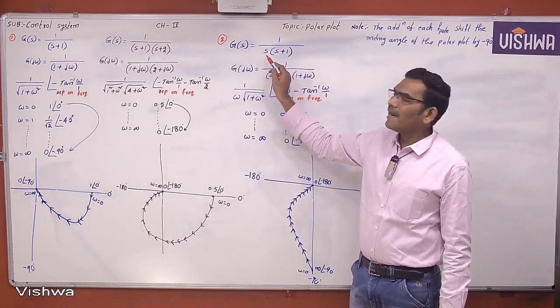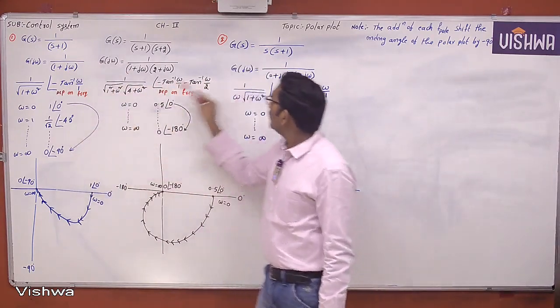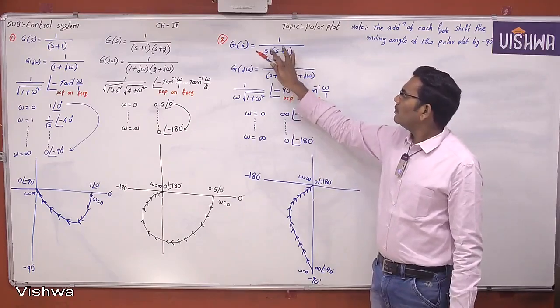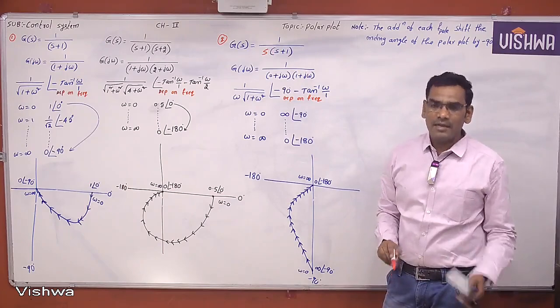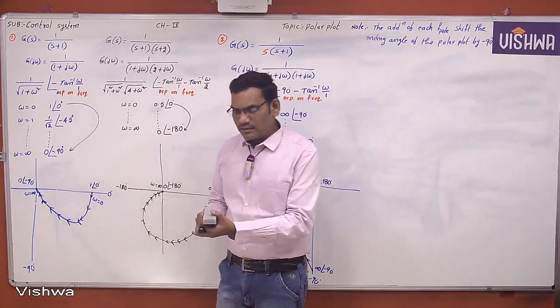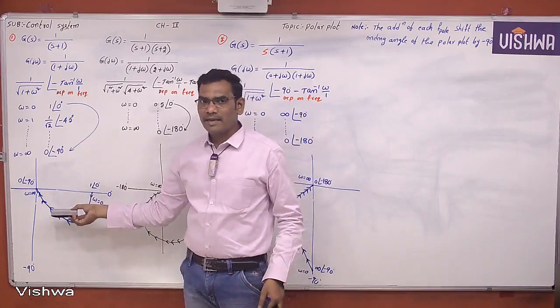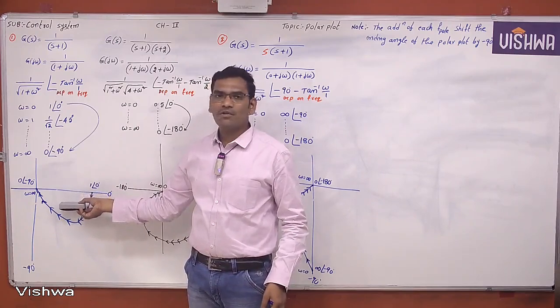You just add one pole at origin. This is the same problem, but you just add one pole at origin. Then what is your observation? Now the polar plot is like this. See here, students, the polar plot is like this, right? This is the polar plot when G of s equals 1 by s plus 1.